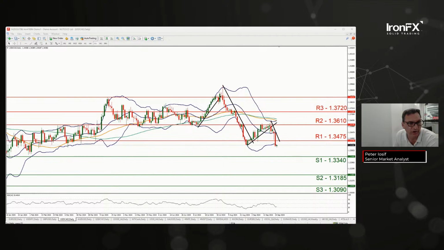BOC's Macklem practically seems to have signaled yesterday that there may be more rate cuts to come as inflation progress continues. And that would be rather dovish.